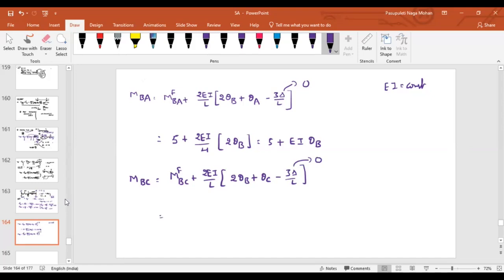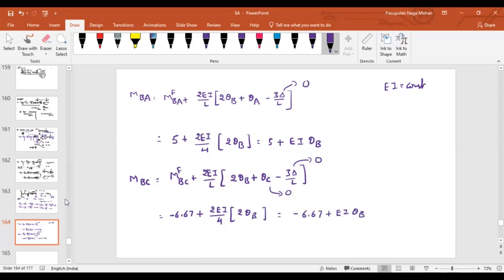What is the fixed end moment at B towards C? Minus 6.67 plus 2EI by length 4, times 2 times theta B, which is unknown. What is the rotation at C? As it is a fixed support, 0. So again, how much will it be? Minus 6.67 plus EI times theta B.